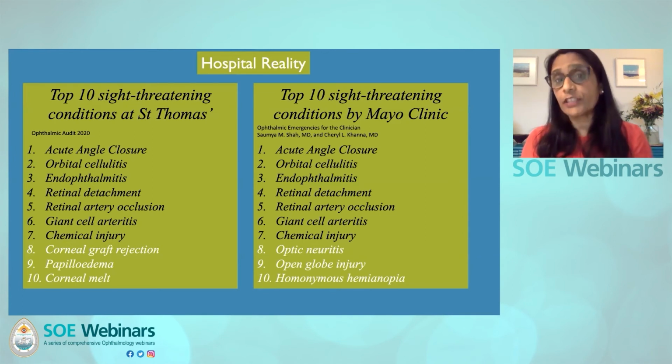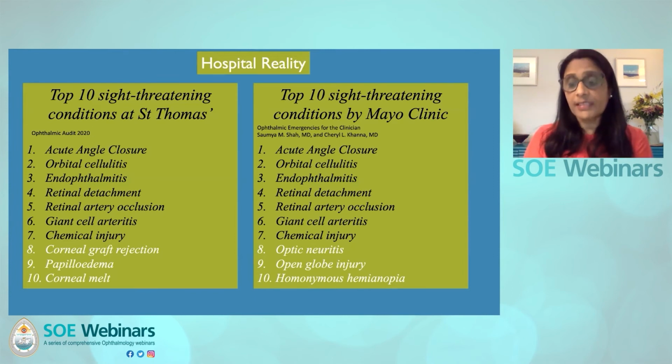And I'm sure that it's not that different from what you see in your units. So amongst them, acute angle closure glaucoma, endophthalmitis, orbital cellulitis, retinal detachment, retinal artery occlusion, giant cell arteritis, chemical injury make up the bulk of the presentations.